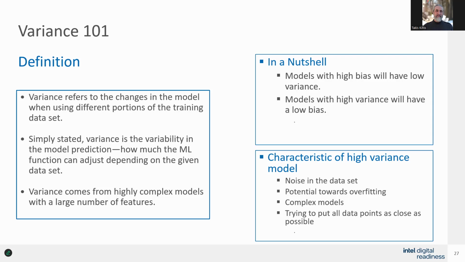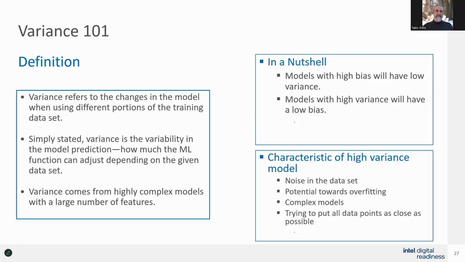It's basically the variability in the model prediction, how much the machine learning function can adjust depending on the given data set. Variance comes from highly complex models with a large number of features, more typically. If you're dealing with a really complex equation, the more features it has, the more nodes in the network, the more pathways, more hidden layers, that's where the variance comes from.